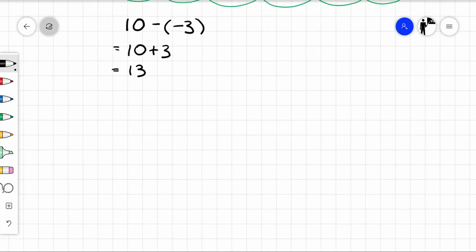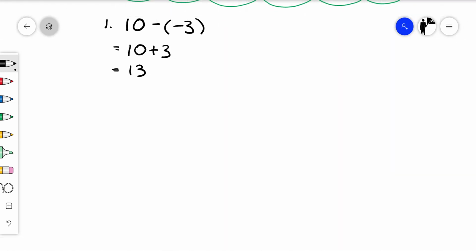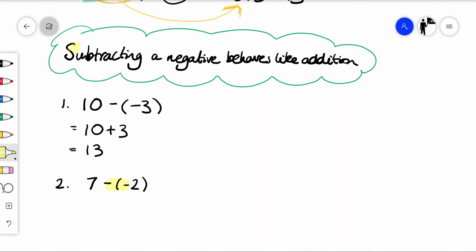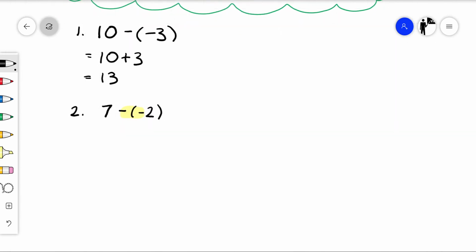Let's have a look at a few more examples. Let's do number 2. 7 subtract negative 2. Do you see that we are subtracting a negative? Subtracting a negative behaves like addition. So subtracting negative 2 is the same as adding 2, and 7 add 2 is 9.